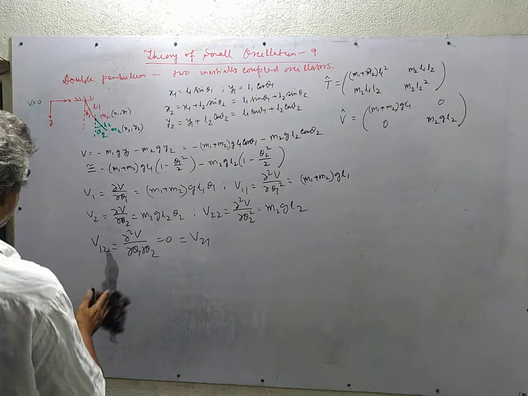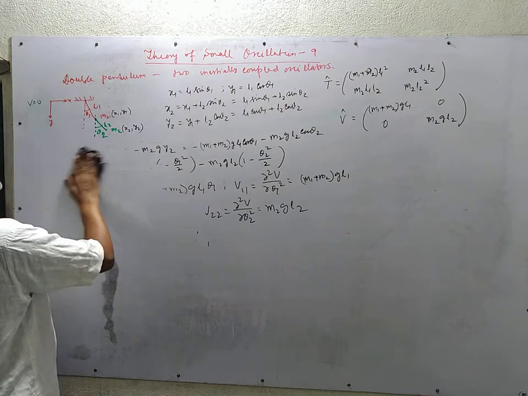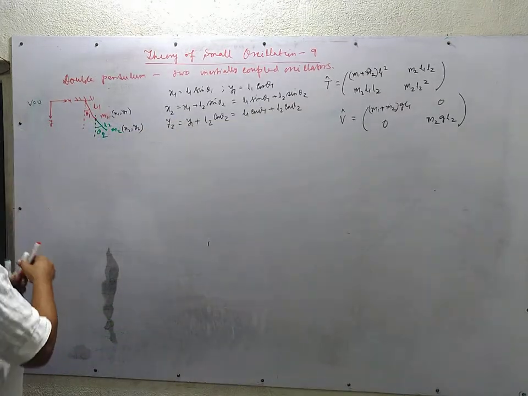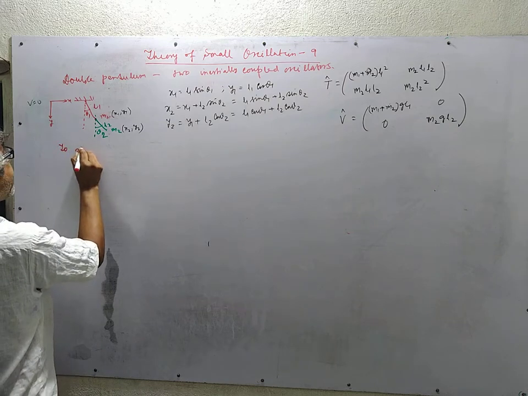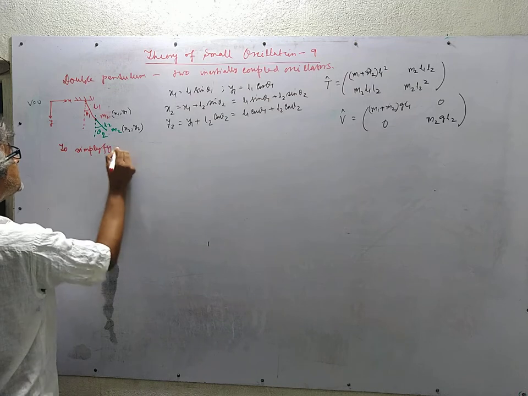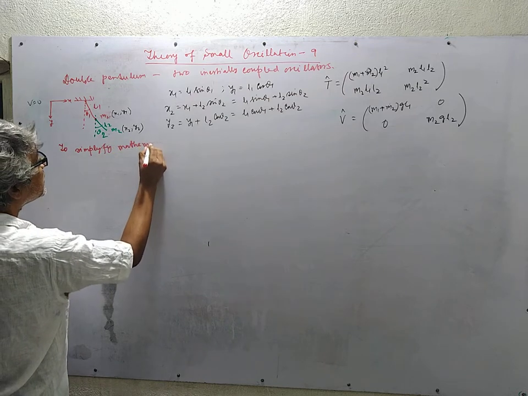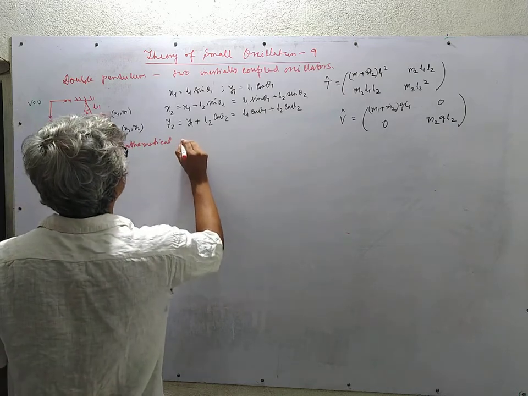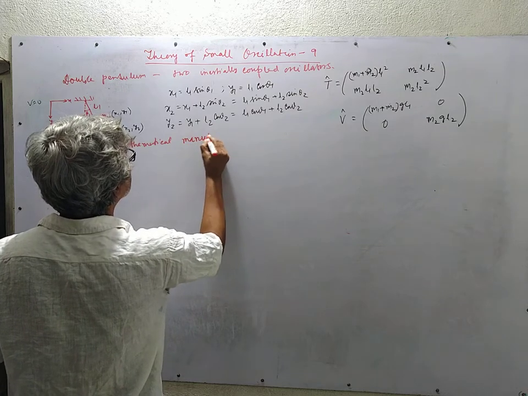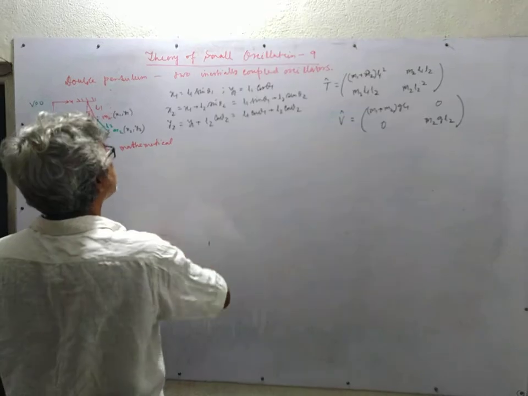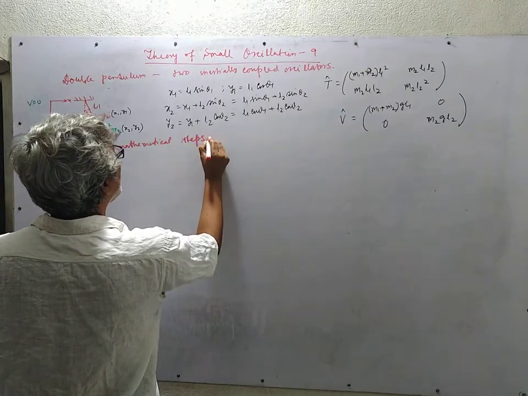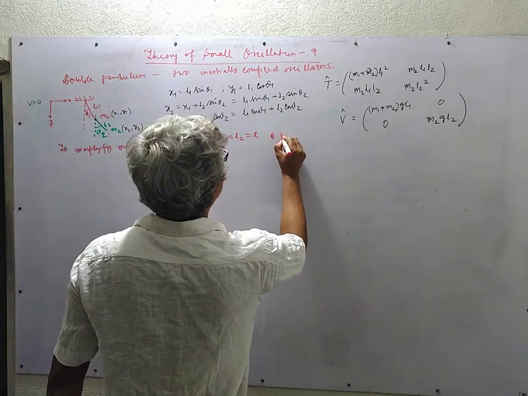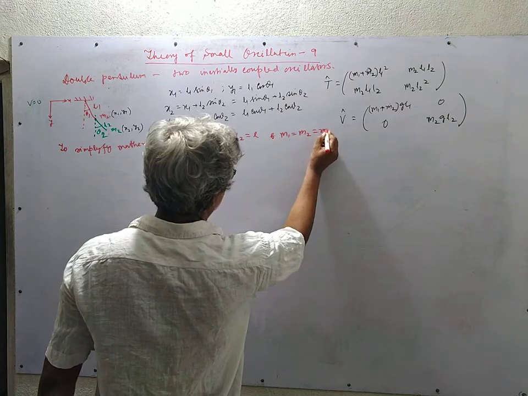To simplify algebraic manipulation, or to simplify the mathematical steps, we make an approximation: we write l1 is equal to l2 is equal to l, and m1 is equal to m2 is equal to m.